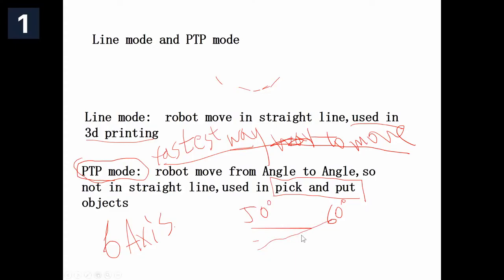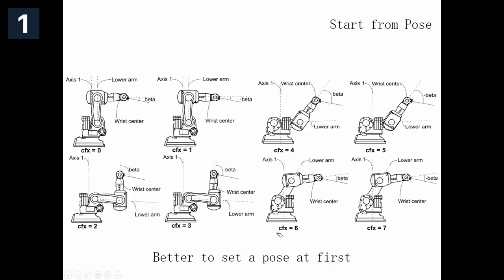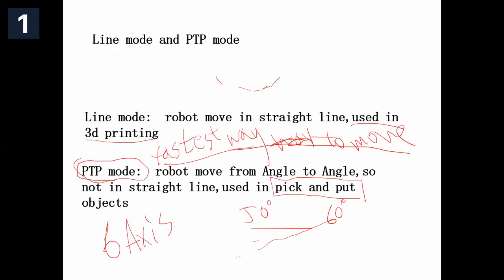So this is the fastest way for the robot to move.